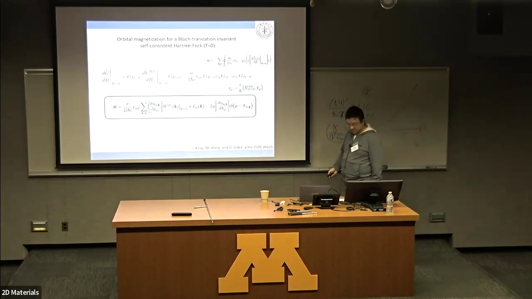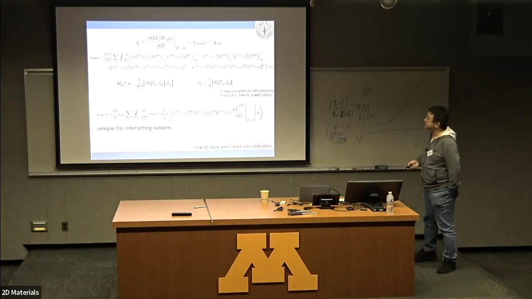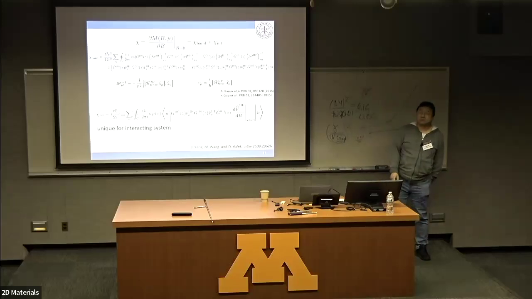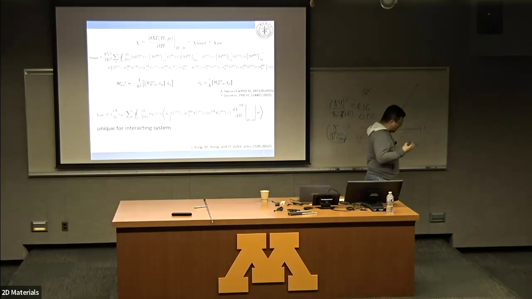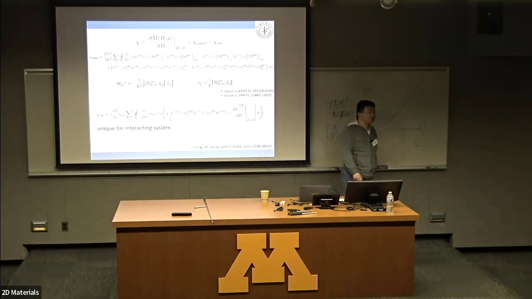You can do a very similar thing to obtain chi. This chi in our calculation is defined as partial M over partial B, where this chemical potential mu is fixed. You immediately realize that this magnetic susceptibility contains two different contributions.